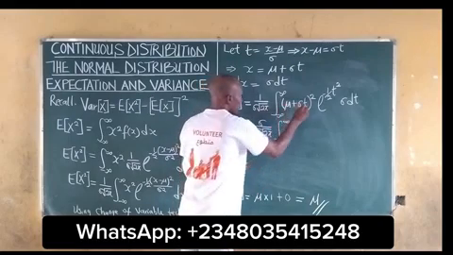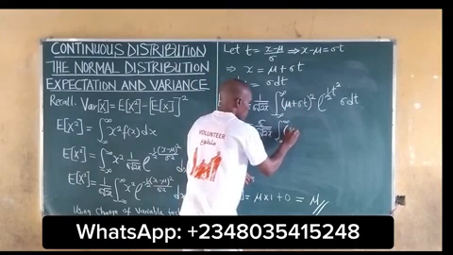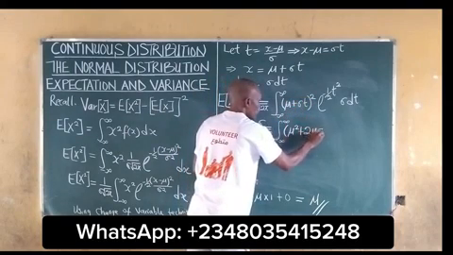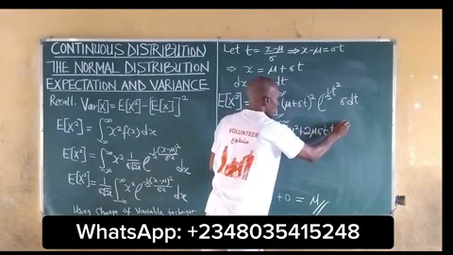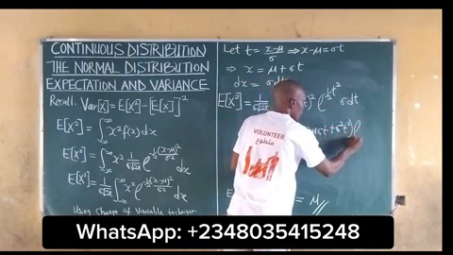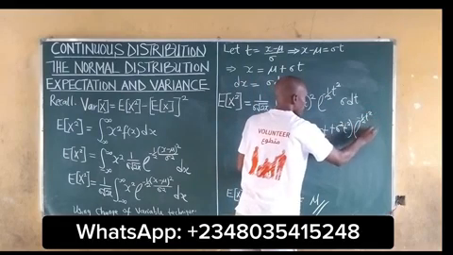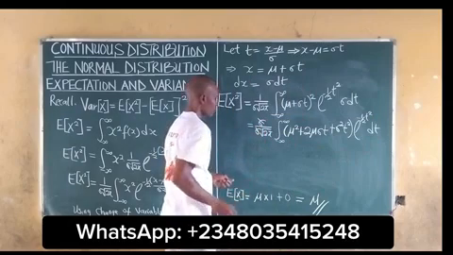We can also expand this to give us, from quadratic equation, mu squared plus 2 mu sigma t plus sigma squared t squared into exponential negative 1 all over 2 t squared dt. So this will cancel this.